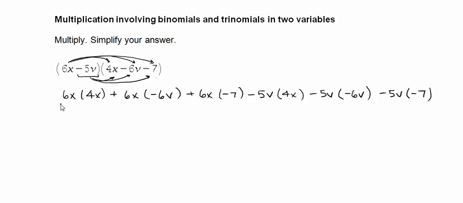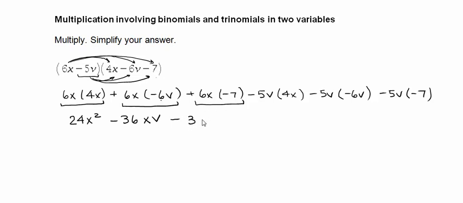Now if I start to simplify, my first term here is 24x squared. My second term, 6 times negative 6 gives me a minus 36xv. I can't combine anything, right? These are two different variables. Next one, 6 times negative 7 is negative 42, and all I have is an x.